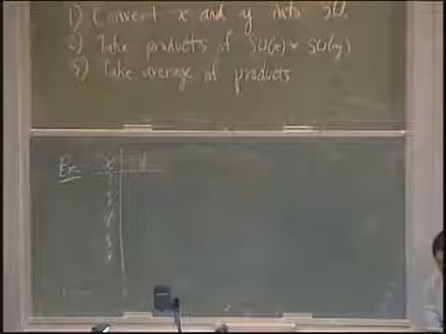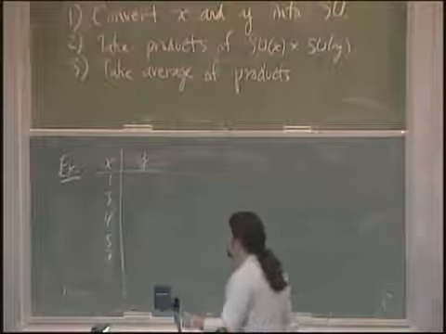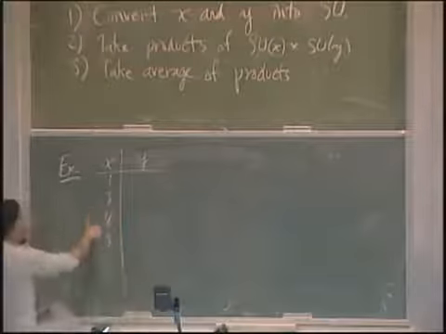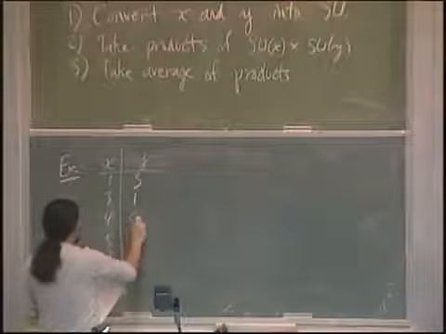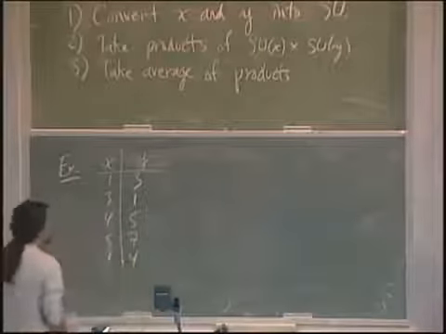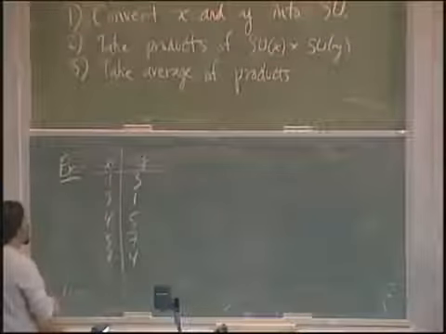Okay, so these x values are the same ones that I have dealt with for the last couple lectures. And the y values I'm going to use are the same, but in a different order. Okay? So 1, 3, 4, 5, 7 for x, and then 3, 1, 5, 7, 4 for y.